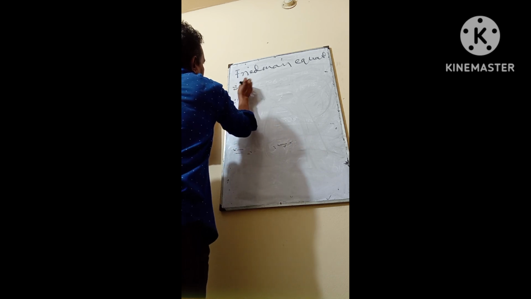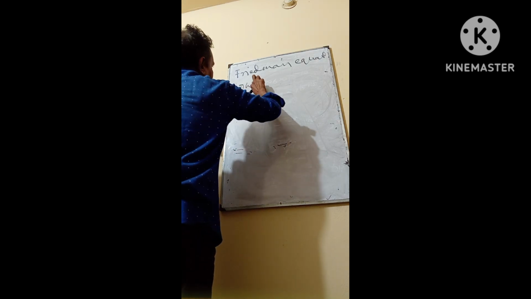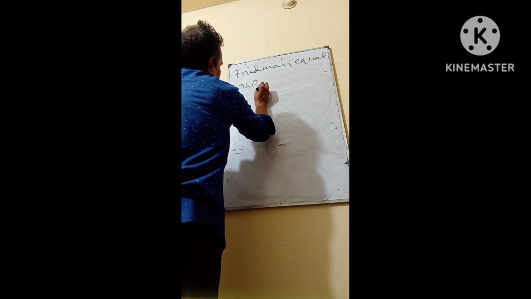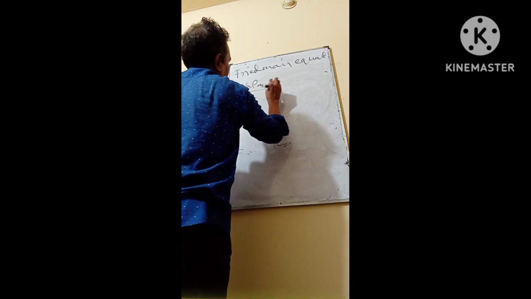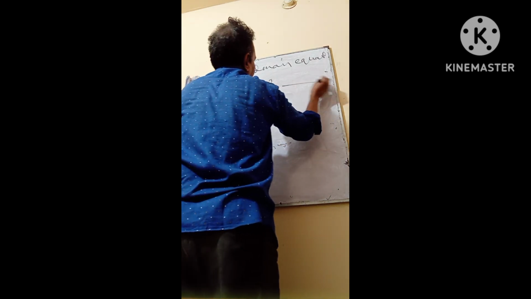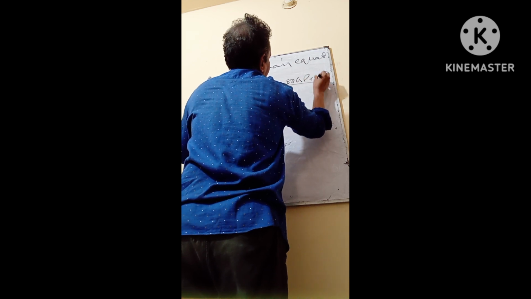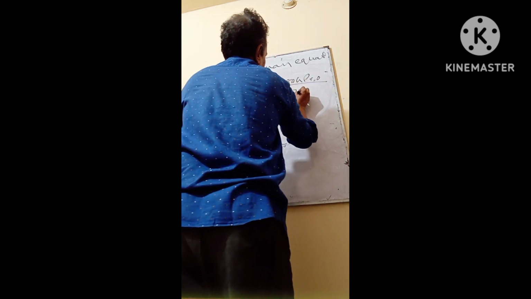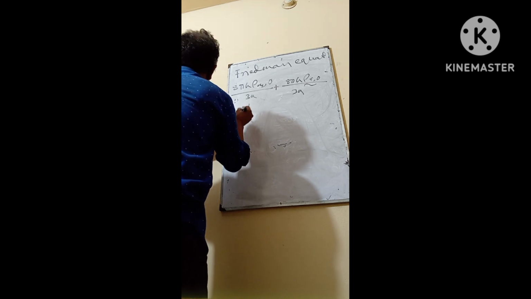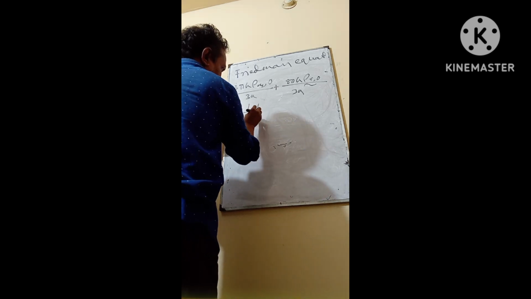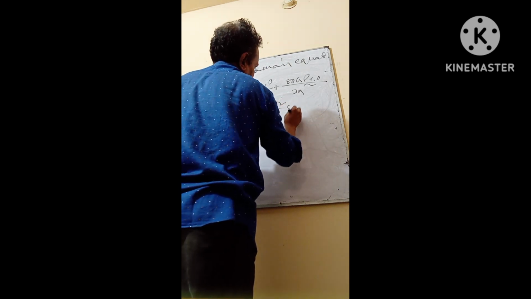8 pi G rho M, density of matter in the whole universe, over 3a, and 8 pi G rho R radiation over 3 square, plus 1 by 3 cosmological constant as Cos c square minus Cp square.